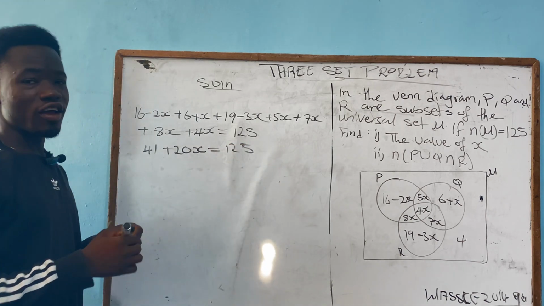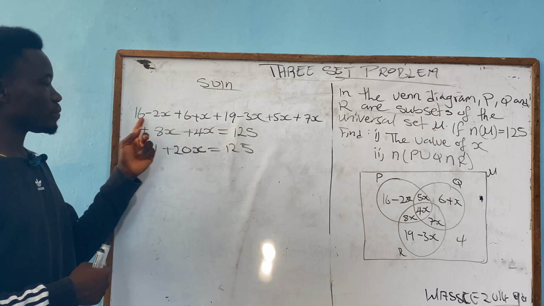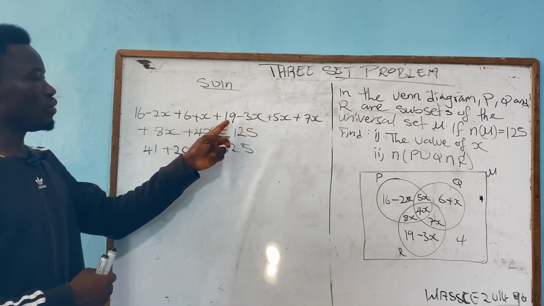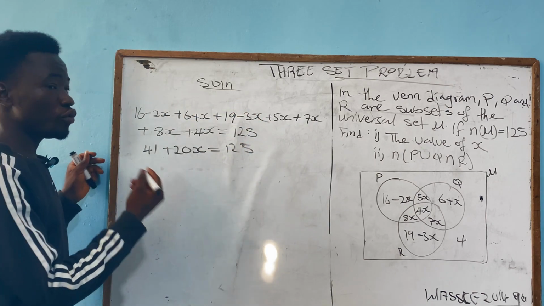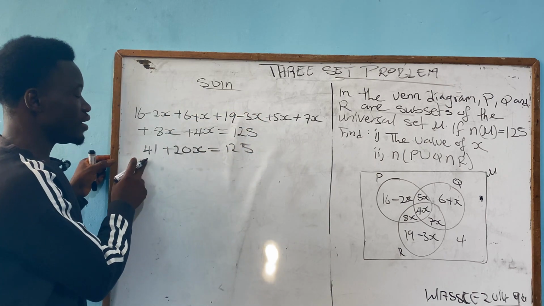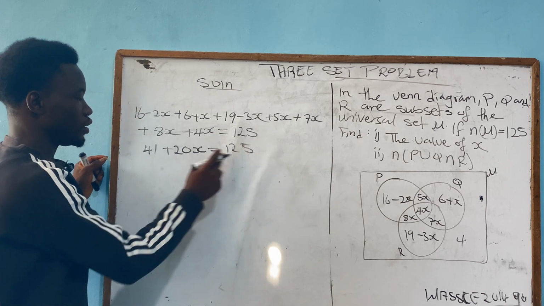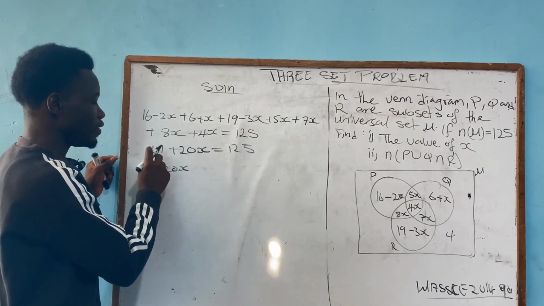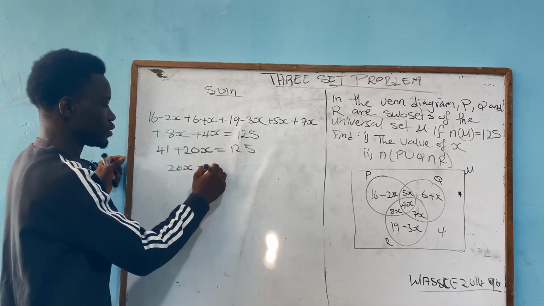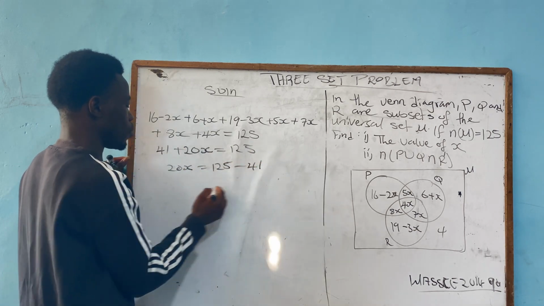Please, if you have a calculator, you can use a calculator to deal with it. You first have to sum this, and then you are good to go. So now I group like terms. I want to eliminate this 41, so I subtract 41 here and subtract 41 here. In other words, I maintain the 20x, then take this across the equal sign to become negative 41.